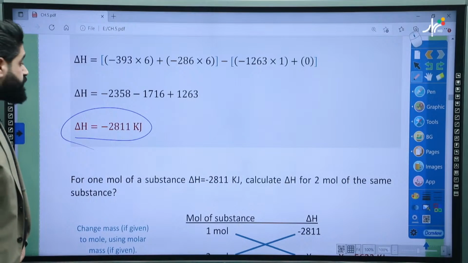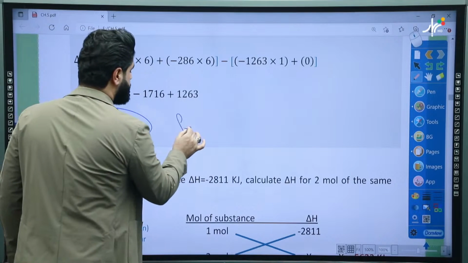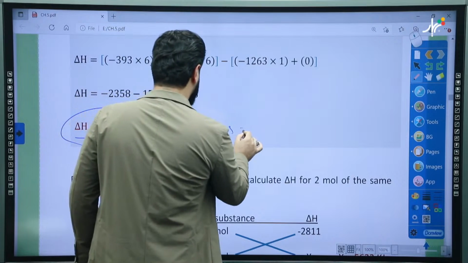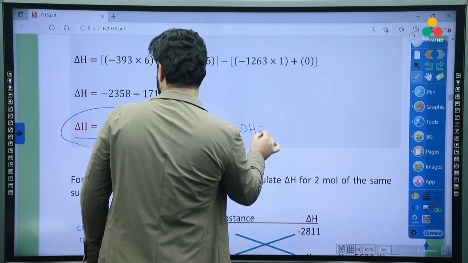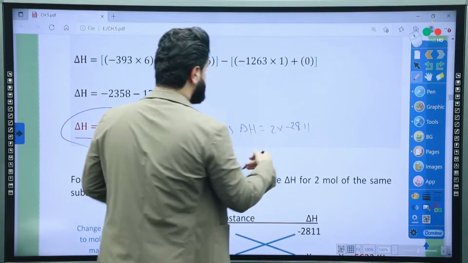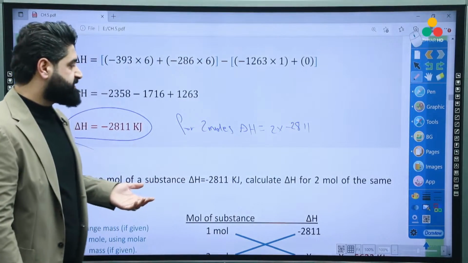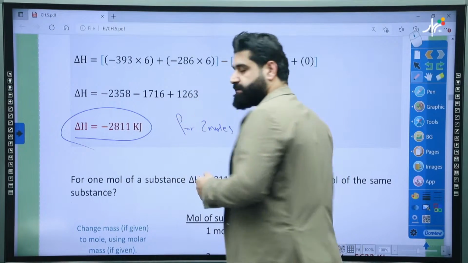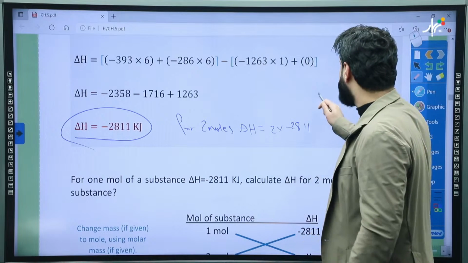What if we calculate for 2 moles? So for 2 moles, delta H equals 2 times negative 2811. For 3 moles times 3. For 7 moles times 7. For 1.2 moles times 1.2. What about 30 gram?